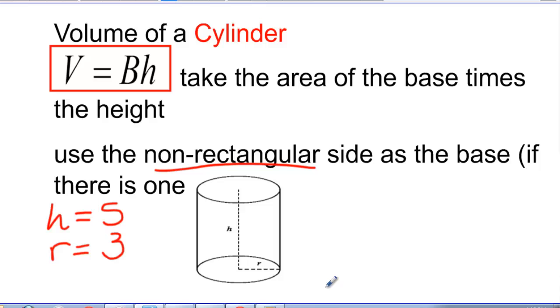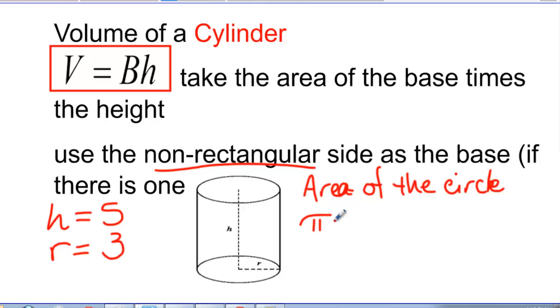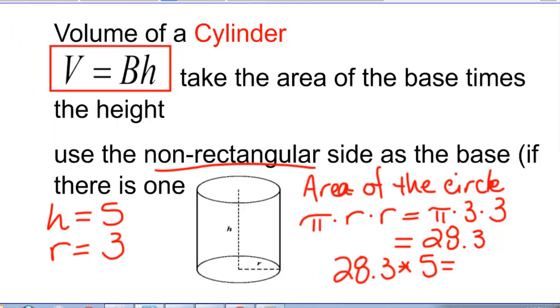We know the area equals pi r squared, so that's pi times 3 times 3, and that's about 28.3, which I should know from the last one. Okay, so that's the area of the base, and now I need to multiply that times my height, which is 5.